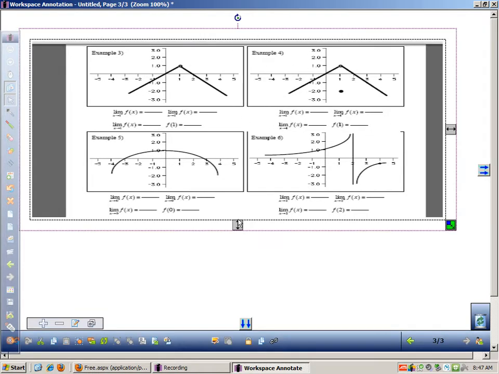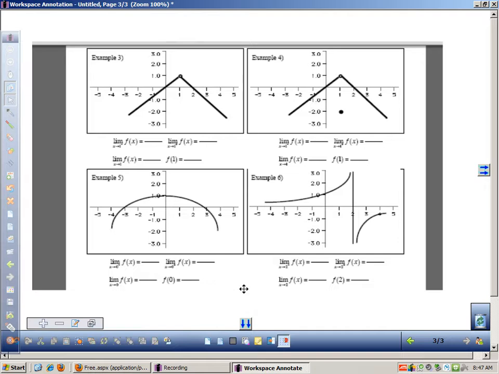All right, so let's look at these. You don't have this page? No? We don't have the absolute value graphs.